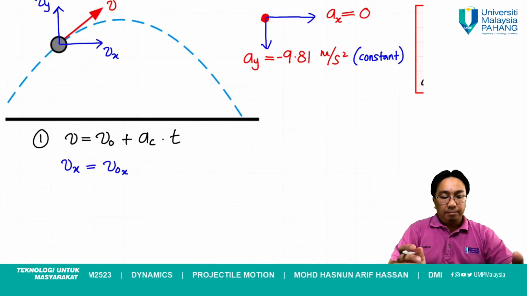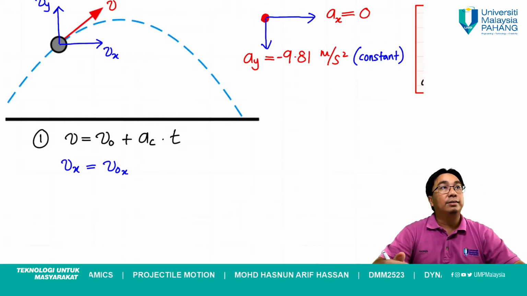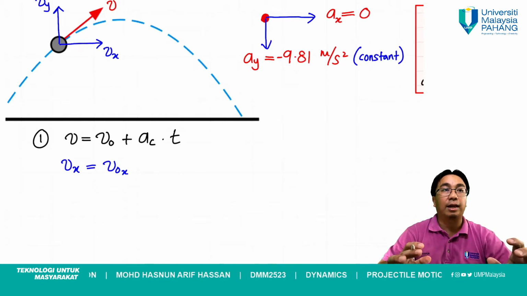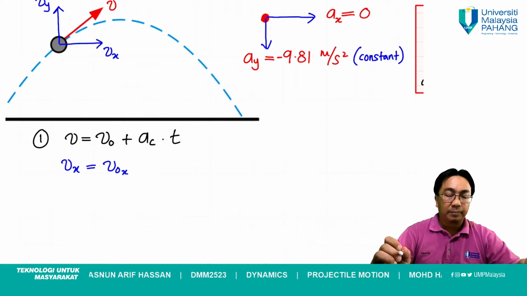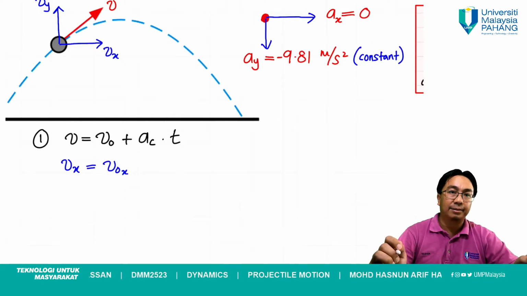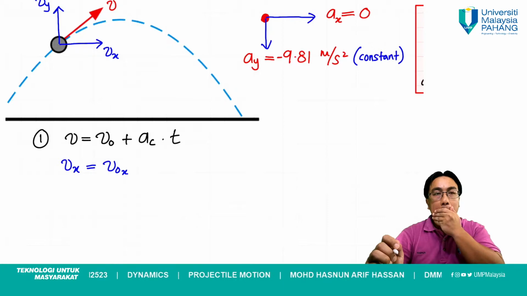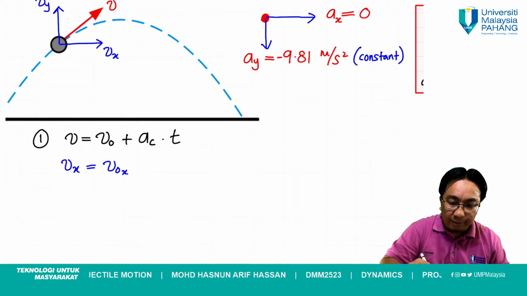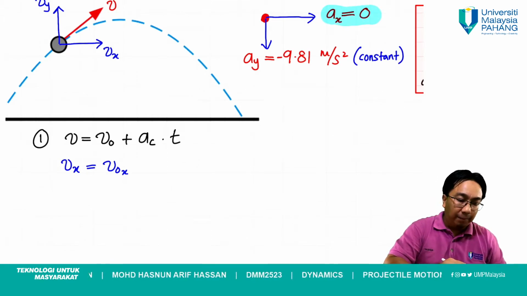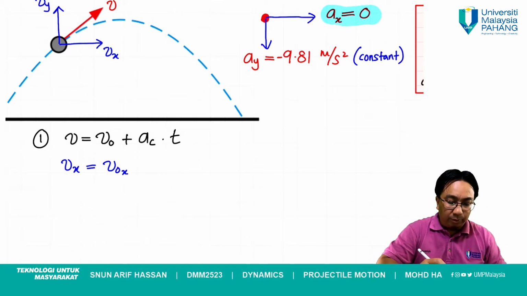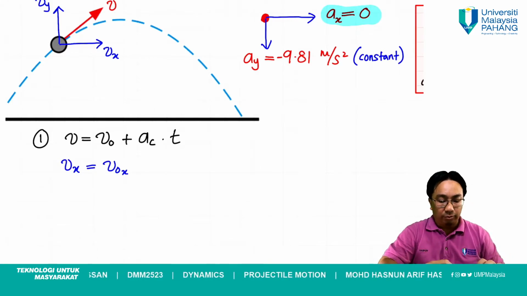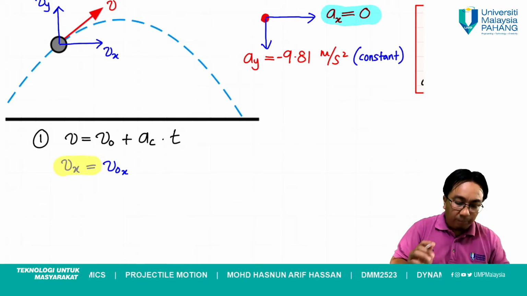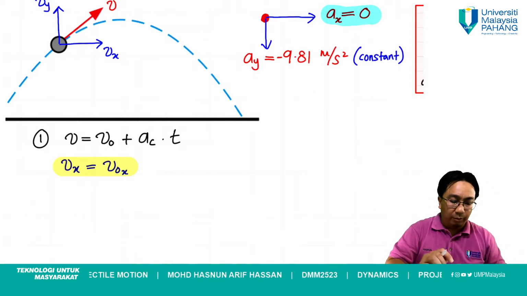Okay, A untuk x. What is the value of A untuk x dalam case projectile motion? What is the value for AX? 0. Okay. Remember kita dah tulis di sini AX equals to 0 di atas. So we know that AX equals to 0. So in the end kita hanya ada this equation untuk Vx.